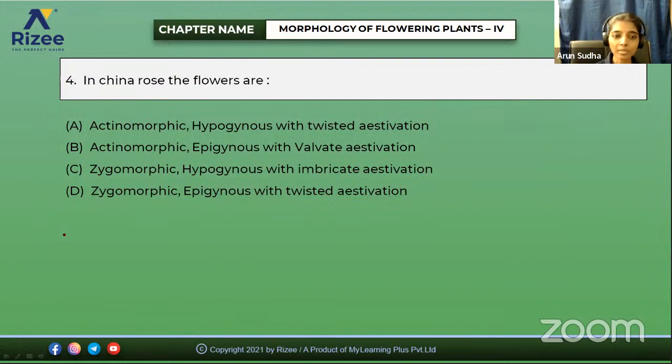In China rose, the flowers are actinomorphic, hypogynous with twisted distribution; actinomorphic, epigynous with valvate distribution; zygomorphic, hypogynous with imbricate distribution; or zygomorphic, epigynous with twisted distribution. So which is the correct option with regard to China rose? We saw under different categories. Under hypogynous, what examples did we see? Under twisted distribution, what are the examples?